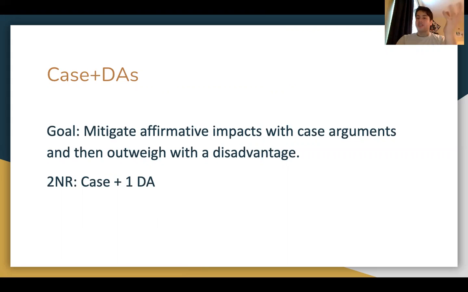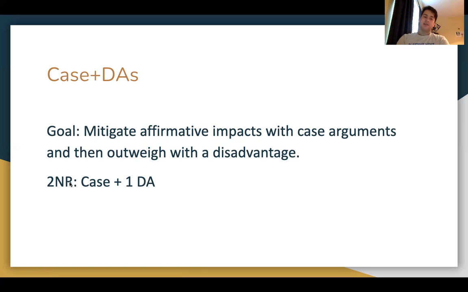Maybe I take out solvency with a circumvention turn and they don't solve any of their impacts. Maybe I just have little different things on each advantage and I've put a lot of doubt onto the advantages, even if I didn't completely beat it. And then I've got at least one disad remaining that I can use to take out the whole case, to outweigh it. I have a bigger impact.